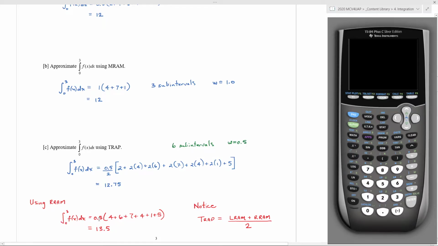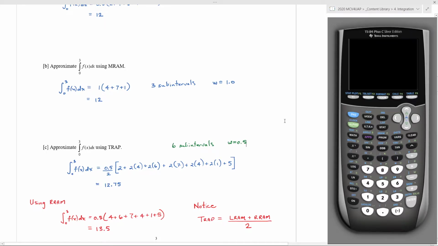It's a width of 0.5 multiplied by each of the Y values except for the first one. And I got 13.5. So if I take 13.5 and average it with 12, which is the left rectangular approximation, I do get 12.75, which is what I got using the trapezoidal approximation.